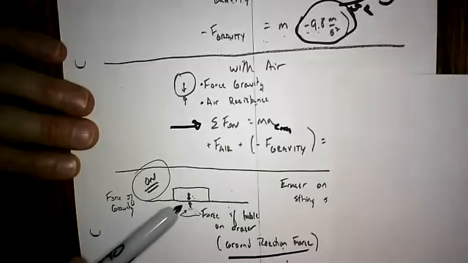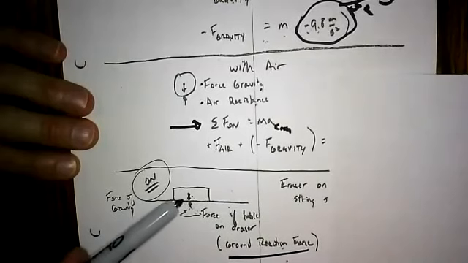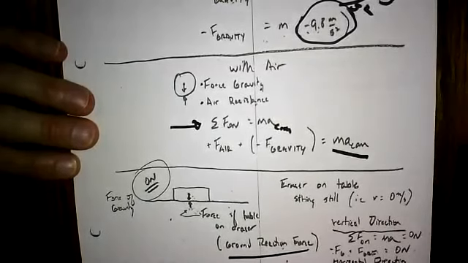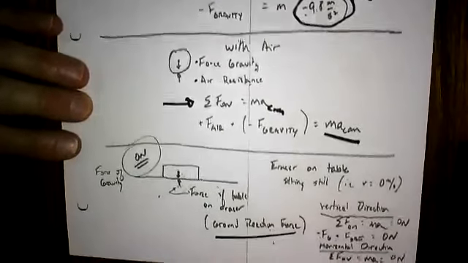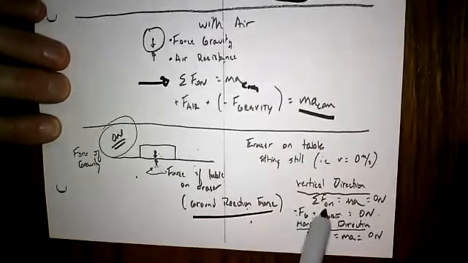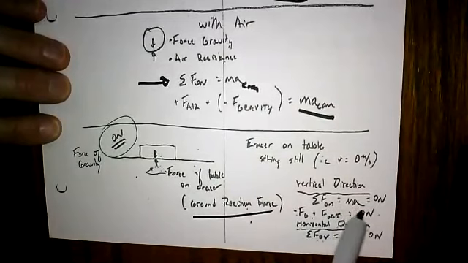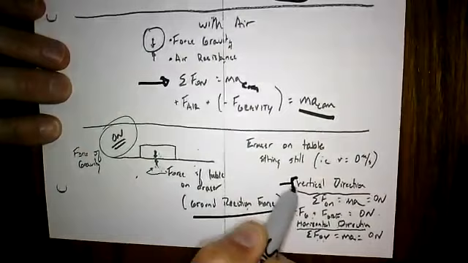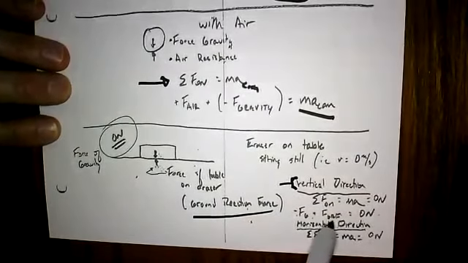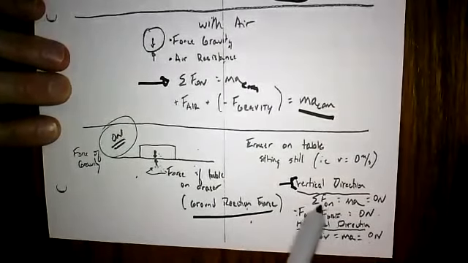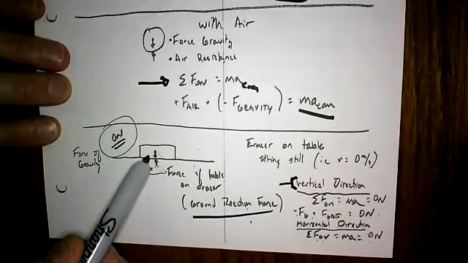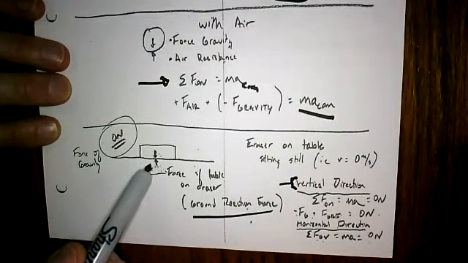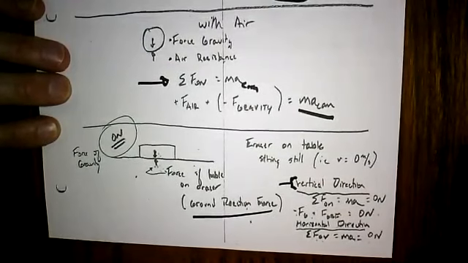So if we need to know the acceleration of the object, we put those two forces into the equation: sum of the forces acting on the object equals ma. And here I've specified the vertical direction. As long as the object's not moving, I know the force of gravity pulling down on the object is the same as the force of the ground pushing up on the object.